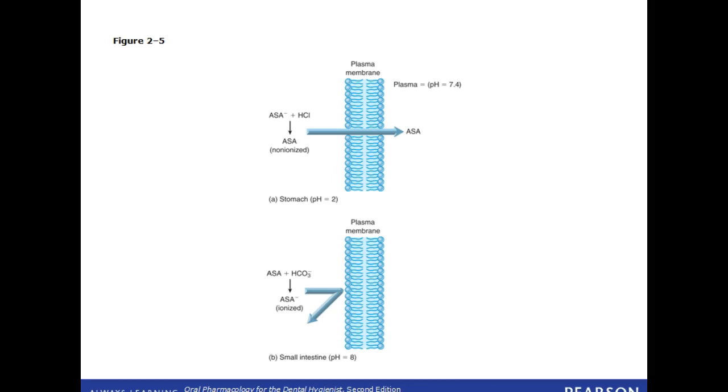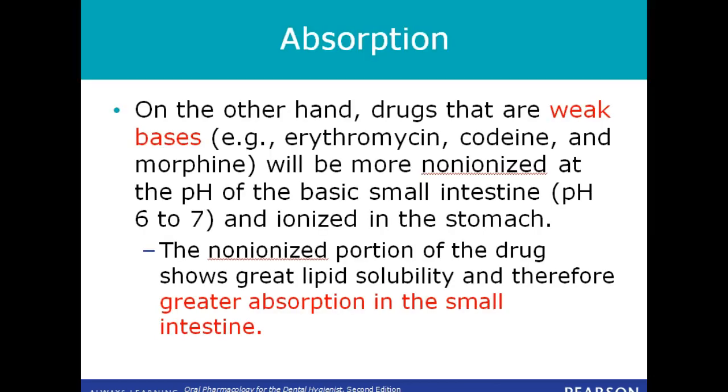In the top diagram, a weak acid such as aspirin is in a non-ionized form in the acidic environment of the stomach, and so absorption occurs. In the small intestine, which is a basic environment, the aspirin is mostly in an ionized form and absorption is prevented.